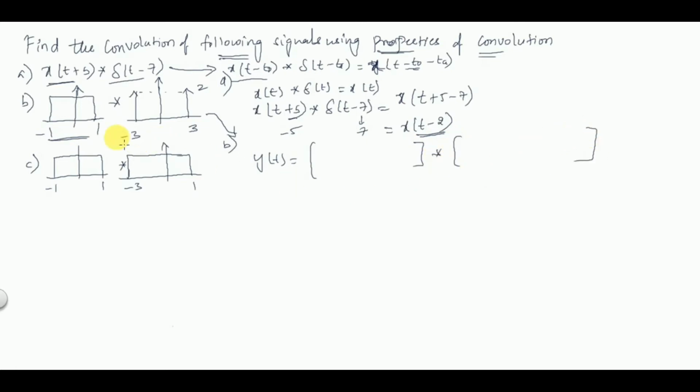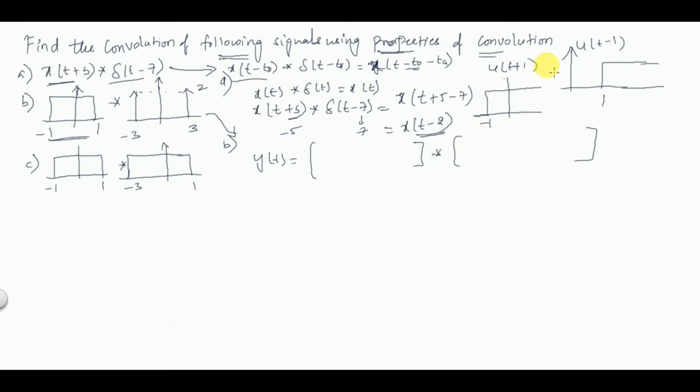How can we write this signal? u of t is from 0 to infinity. Similarly, u of t minus 1, shifted by 1, is from 1 to infinity. And u of t plus 1 is from minus 1 to infinity.